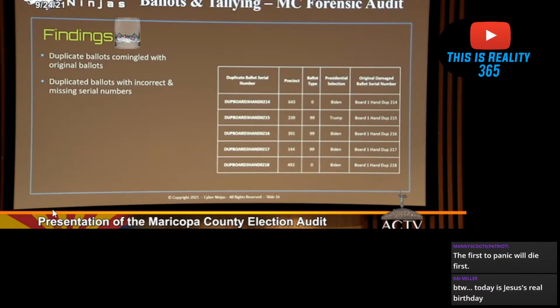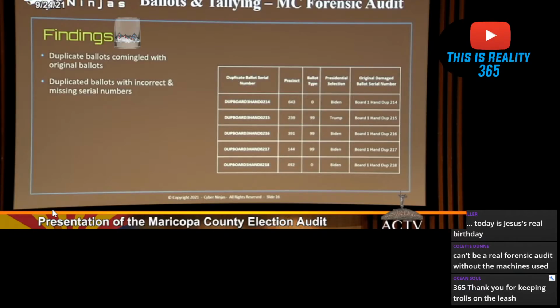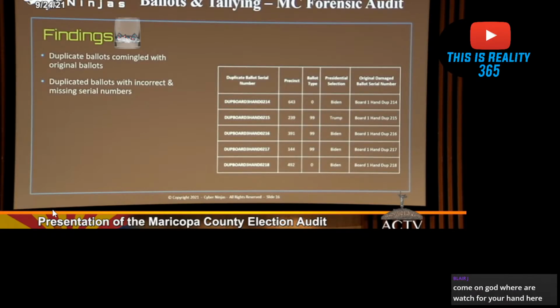If you take a look at this table that's showing up, you'll notice the serial number on the left is what was actually on the ballot, for the duplicate ballot. And the serial number, the board 1 hand dupe 2114 on the right is what was actually on the original damaged. You'll notice the numbers are actually different.